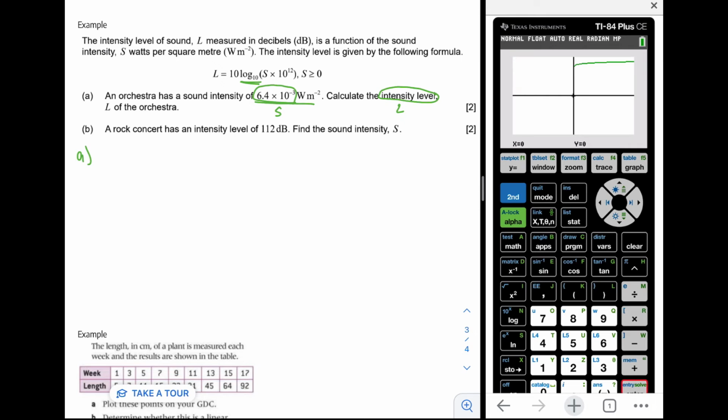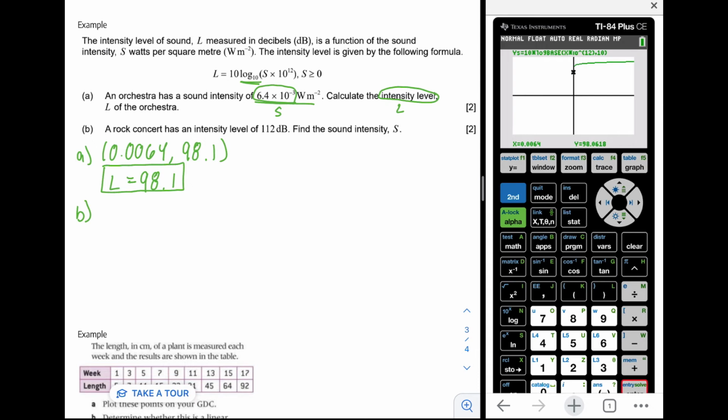So I can go ahead and trace, and my x value is going to be 6.4 times 10 to the power of negative 3. That is simply this decimal here. And my y value is 98.1 if you round to 3 significant figures. So what is the intensity level? The intensity level would be 98.1.